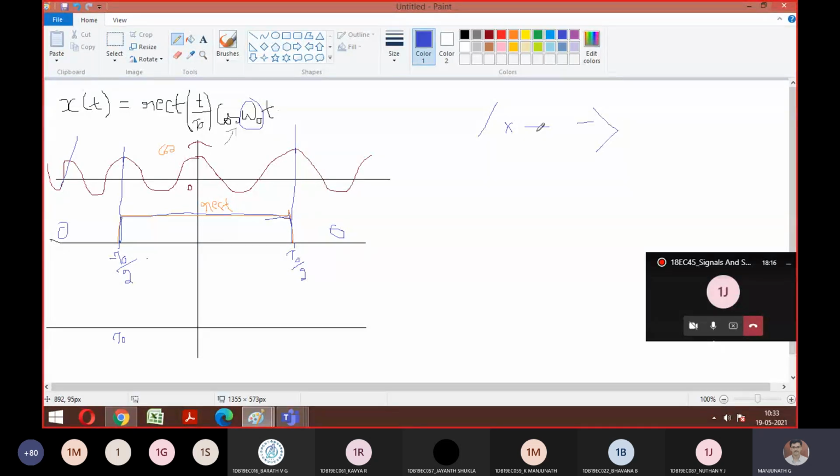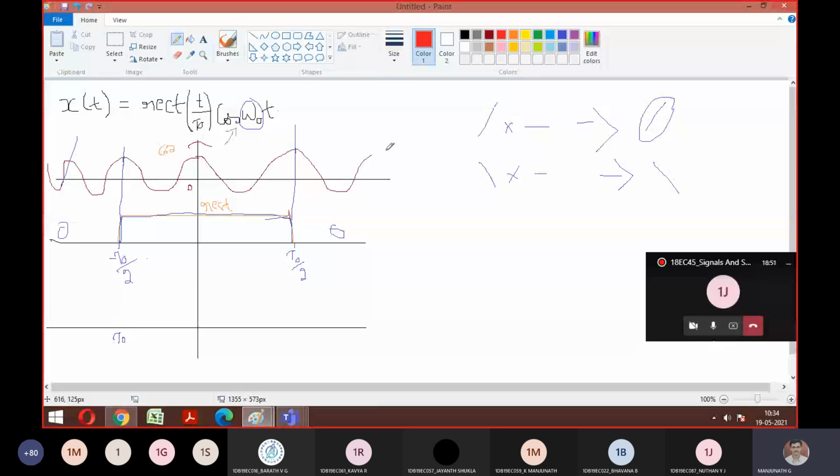Similarly, if the ramp was dipping and I multiply with a constant term, I need to write a constant or the dipping ramp. Dipping ramp. So what is the meaning of this? We are giving preference to the continuity signal, meaning the infinite duration signal. Yes or no? Is it okay with what I told everyone?